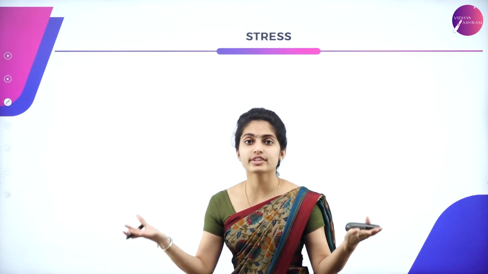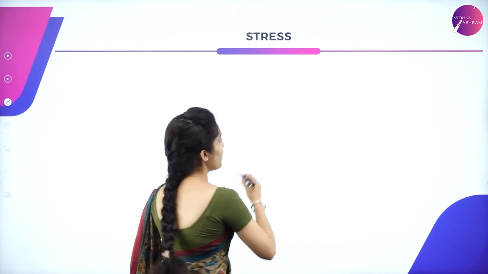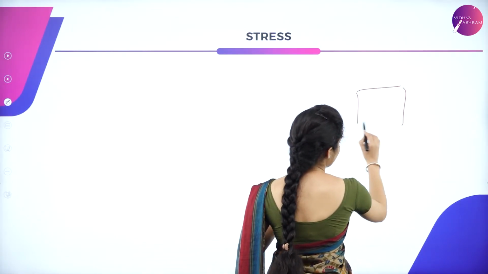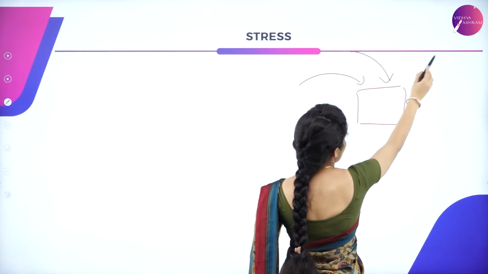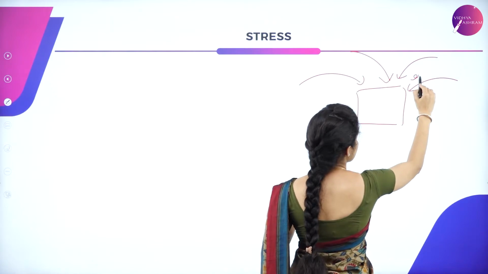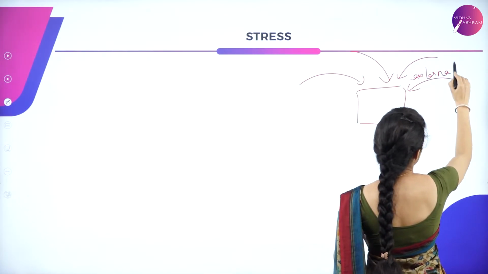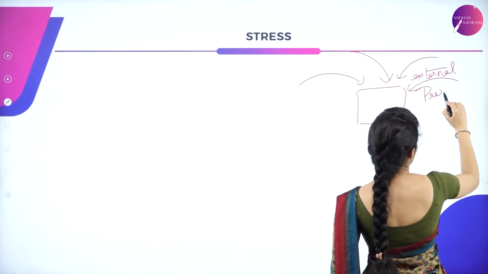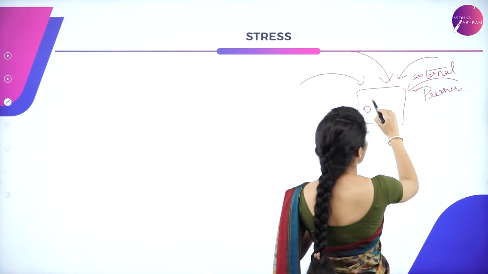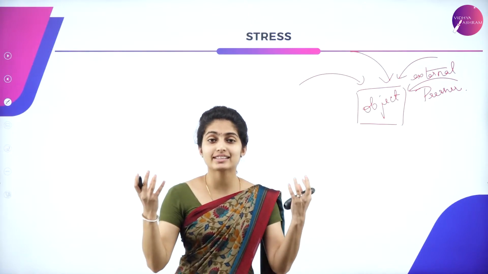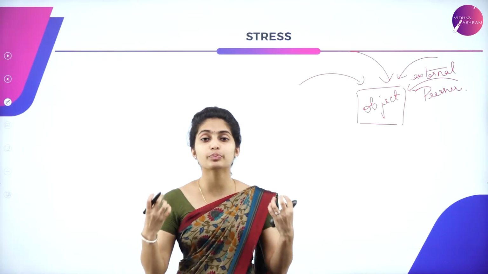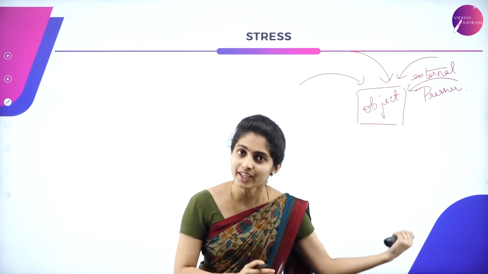You all know what stress is. There is some external pressure applied on an object. Suppose this is a solid object, and there is an external pressure acting on it. The external pressure is said to be a stress imposed on the object.